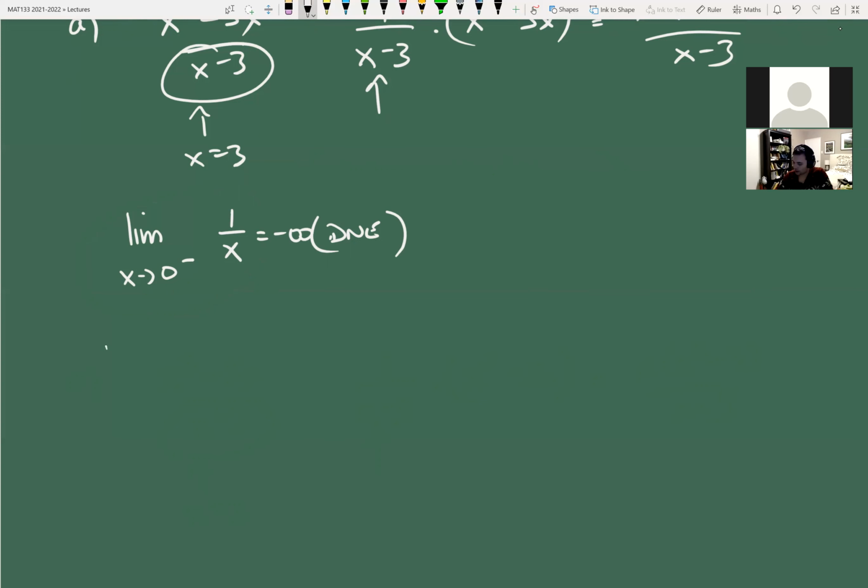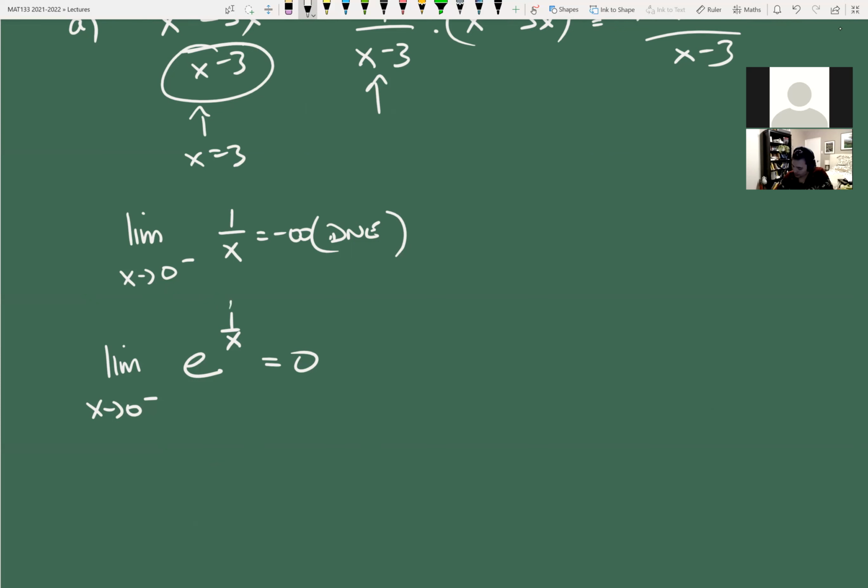Now, what is the limit as x goes to 0 from the left of e to the 1 over x? Because the exponent goes to negative infinity, this whole limit is actually equal to 0. Plot this and see that it's true.